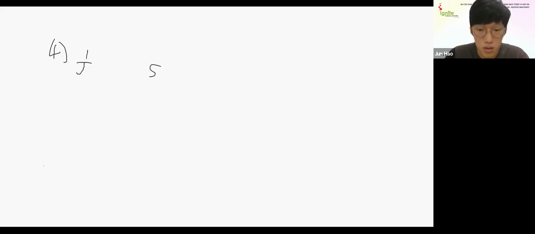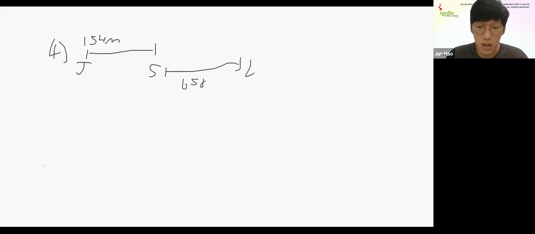Next, question 4. The distance between Jason's house and his school is 154 meters. The distance between his school and library is 658 meters. If we draw this, Jason's house is here, his school is here. Jason to school is 154 meters. School to library is 658 meters.